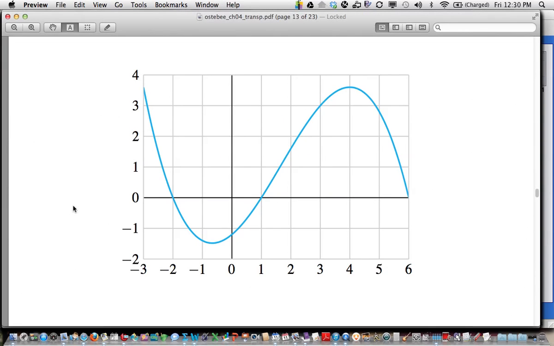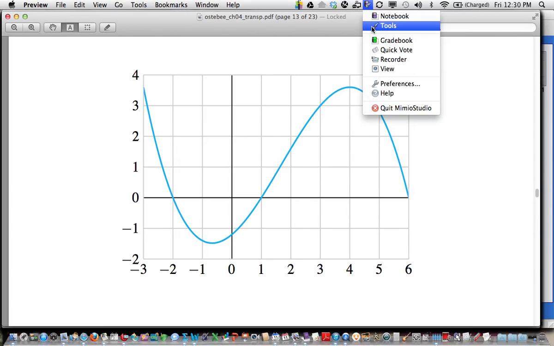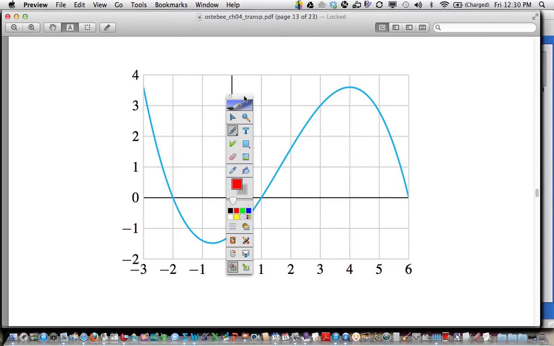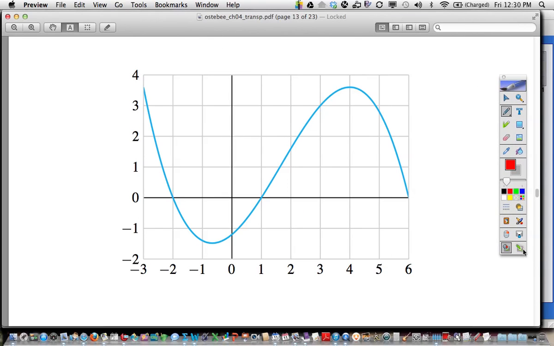Here would be the picture, I think, for number 31. All right, so for this particular one, you were asked to find the limit. Was it as x approaches 1? Was that what it said? Okay, so the limit.